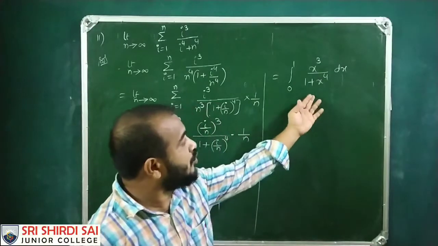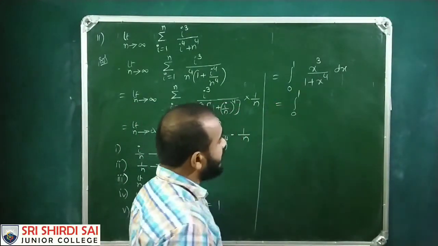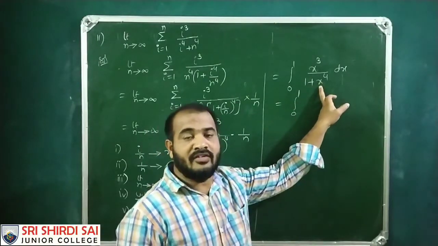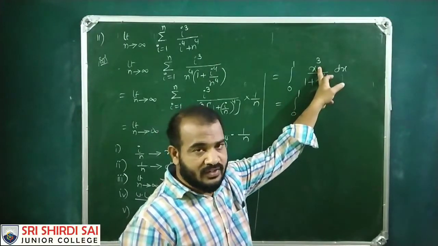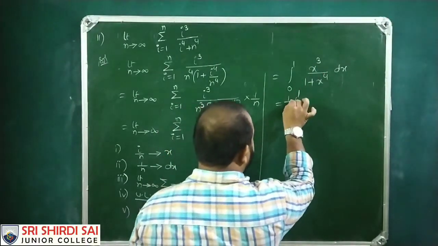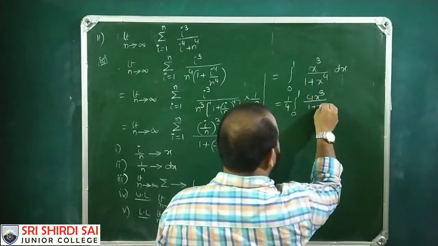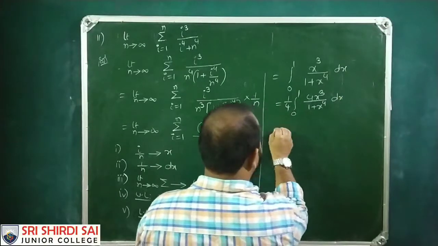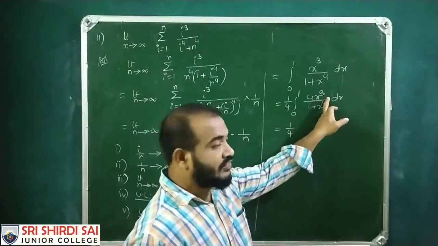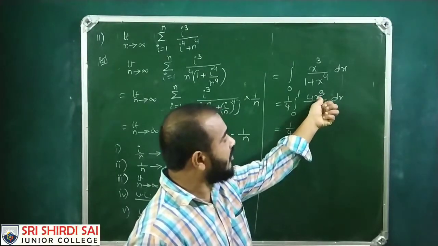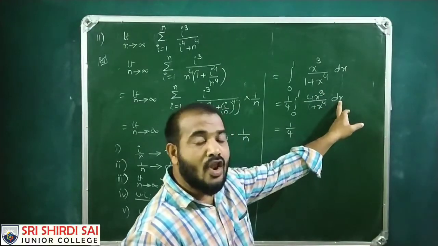So we know how to do this process. This is equal to the integral from 0 to 1, x power 4 derivative is 4x cube. Here x cube I have, 4 is missing, for which I will multiply and divide with 4. So 1 by 4 times 4x cube by 1 plus x power 4 dx. This is 1 plus x power 4, whose derivative is 4x cube. This is f of x, it is f dash. Integral f dash x by f of x dx is log f of x.